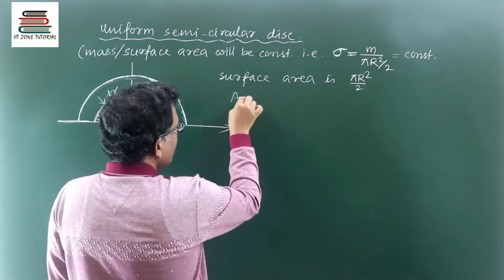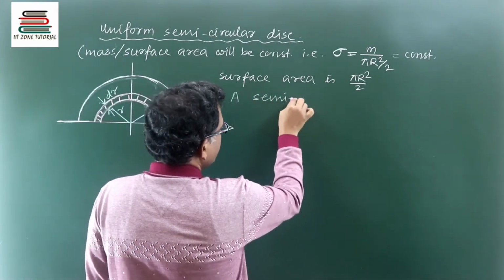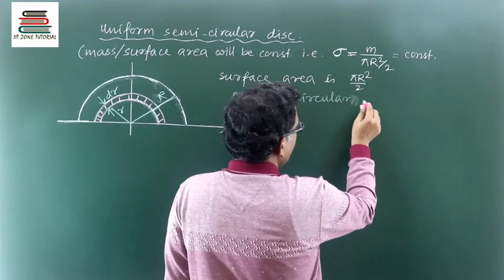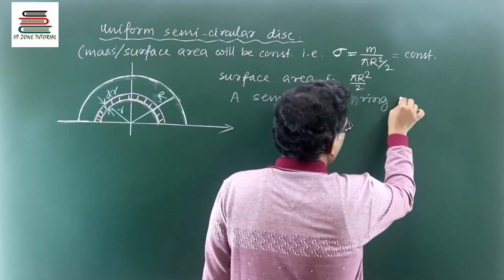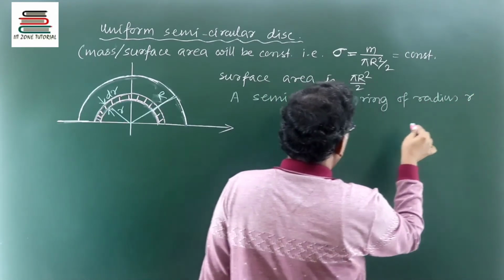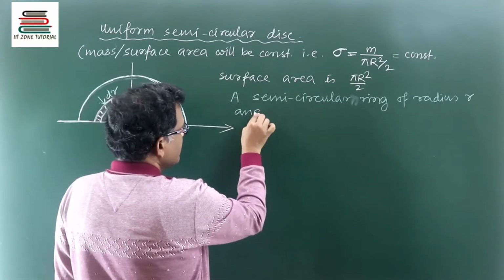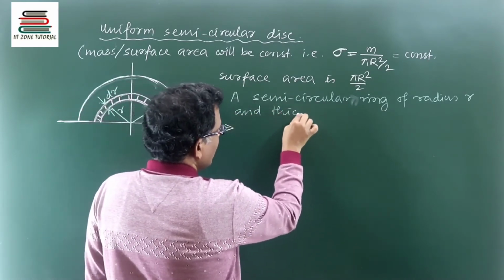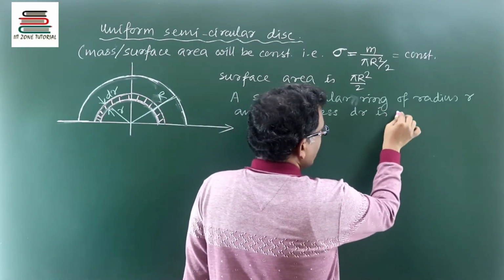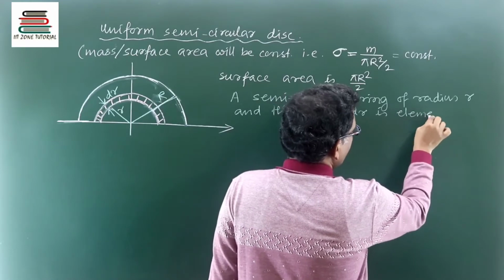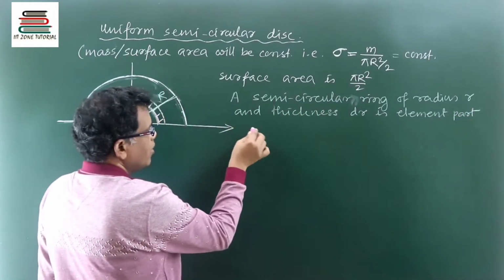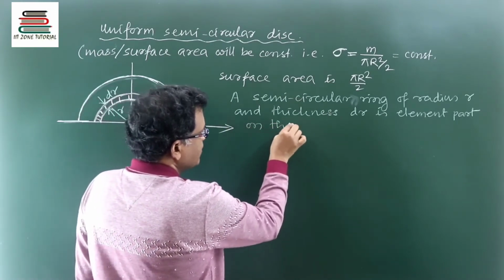I can say a semicircular ring of radius small r and thickness dr is the element part or element body on this semicircular disc.